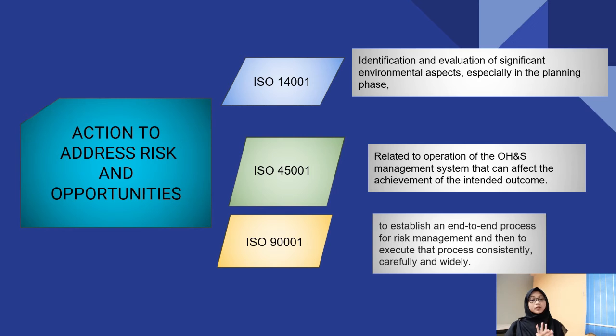For example, identification of hazards and introduction of safety analysis and task-related assessment to the employer. Next, ISO 9001 is to establish an end-to-end process for risk management and then to execute that process consistently, carefully, and widely.